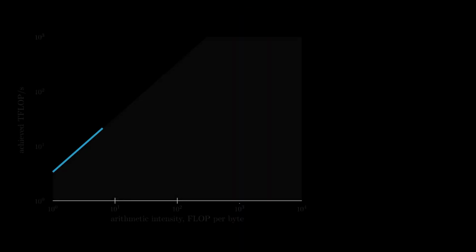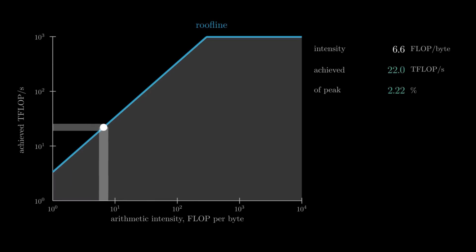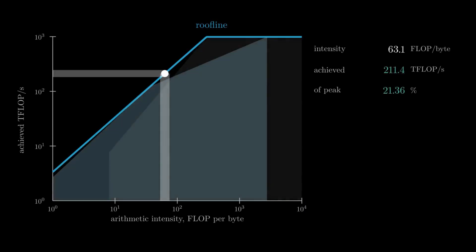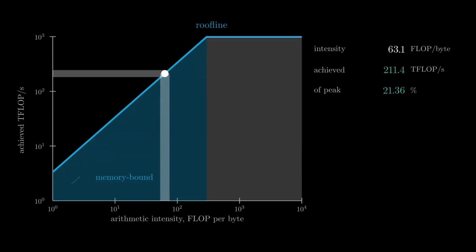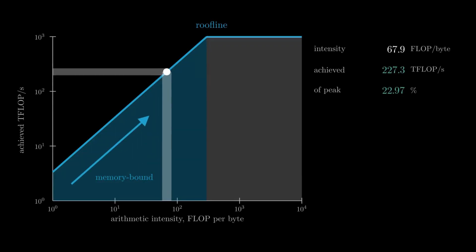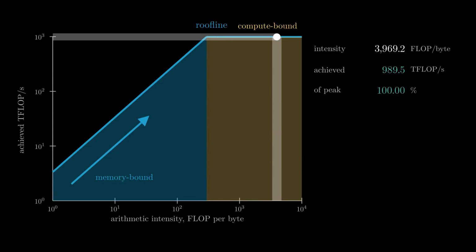Here is that exchange rate drawn as a picture, and the picture has a name. It is called a roofline. Along the bottom you have arithmetic intensity, operations per byte on a log scale, and up the side you have how fast the chip actually manages to run. On the left, the line rises, which means you are memory bound and the only thing that helps you is reading fewer bytes.